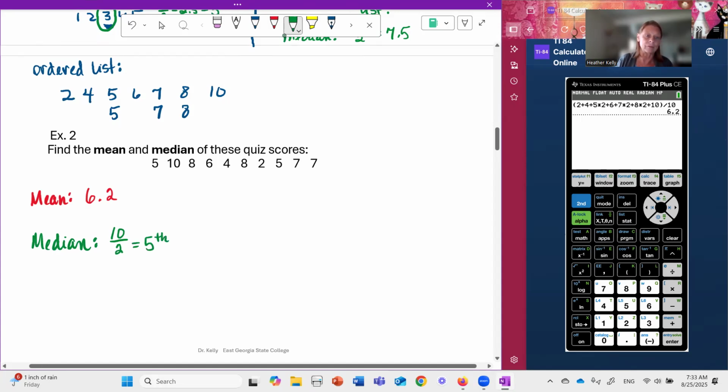And because that gives us a whole number, we need the fifth and sixth averaged, because of the even number of data, right? To find the very middle, we have to take the two middles and find the middle of the two middles. In other words, the average of the two middles.